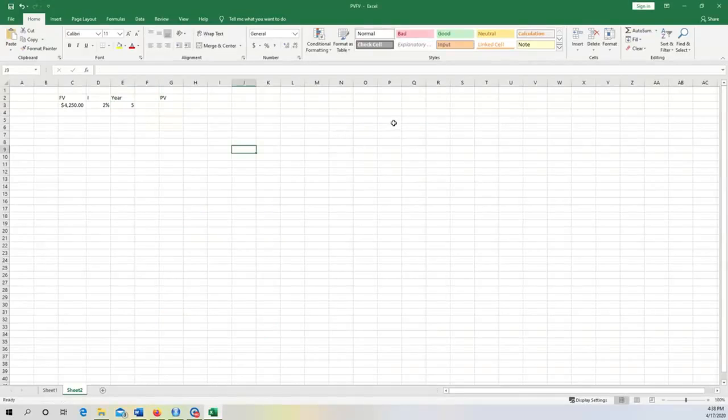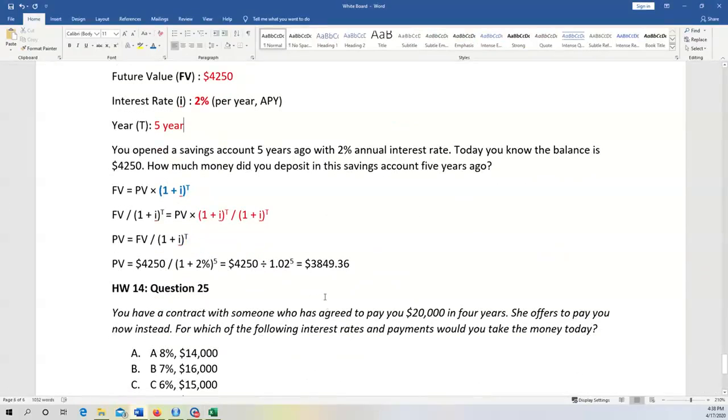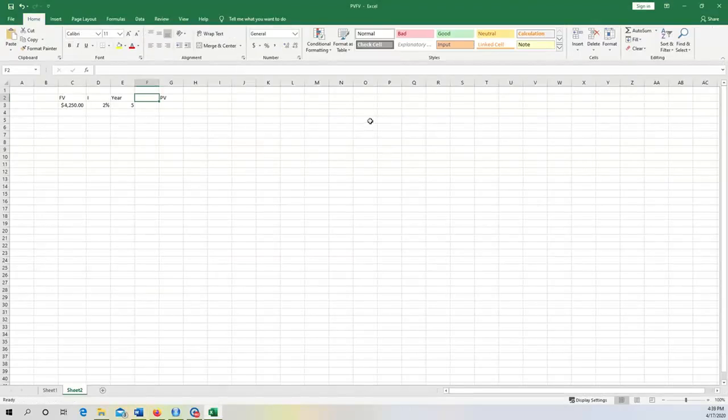So how to calculate present value? Remember this formula here. This is the key. Present value equals the future value divided by this part, which is called the factor, as in my previous example. The factor is equal to 1 plus interest rate, overall raised to power T. So again, I'm going to calculate the factor.